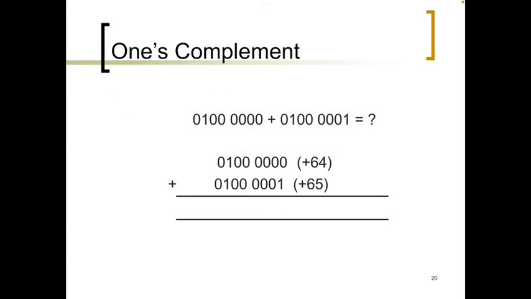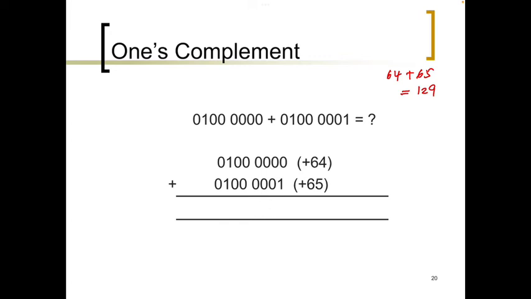We have a question here, which is to show the overflow issues. So we have 64 plus 65. In real math, 64 plus 65, the answer will be 129. So we try to show it in binary.